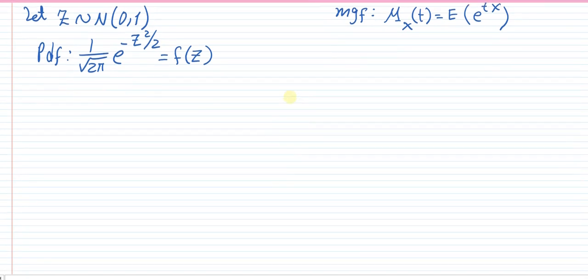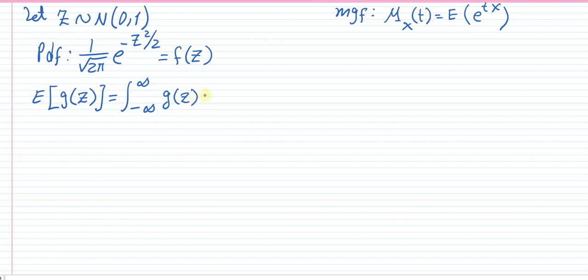Next, we're going to use the definition of expectation of a function of a random variable. For the continuous case, it is the integral from negative infinity to infinity of the function of the random variable times the density function.